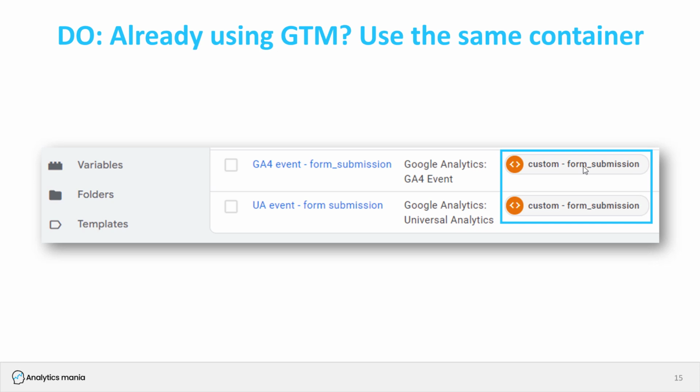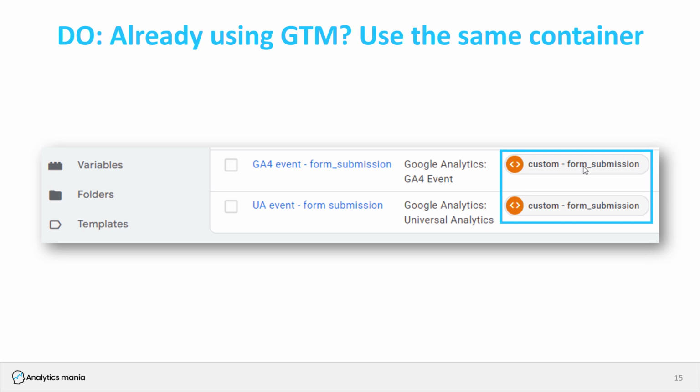But keep in mind that if you create a new container where you implement Google Analytics 4, then eventually you will need to migrate all the other tools, let's say Facebook Pixel, from your old container to your new container as well. And once GA3 stops working, then you will need to shut down that old Google Tag Manager container.